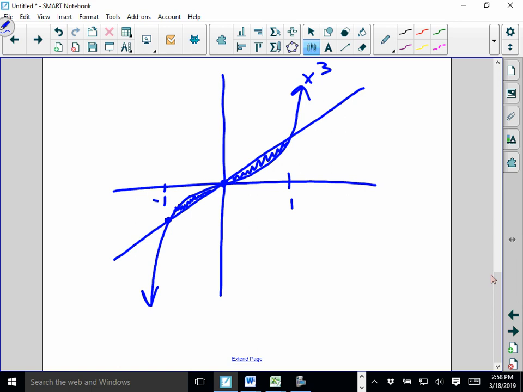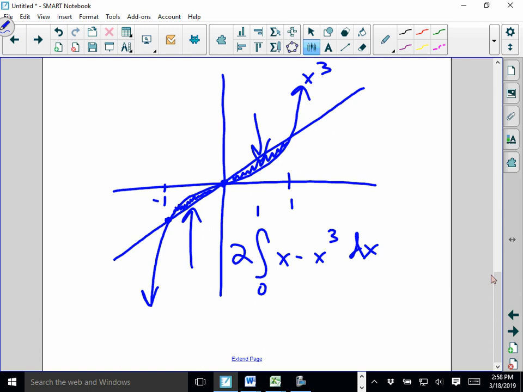We could have solved this simply by doing the integral from 0 to 1 of x minus x cubed dx. That will give me this area right here, and I can just double it to get this area right here. And that only works because of the symmetry that we have on here.